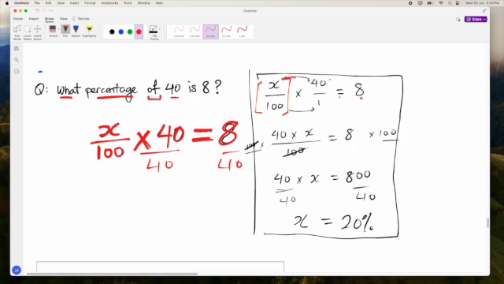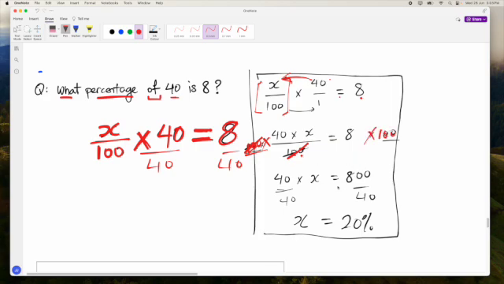So if you multiply the 40 by the x, you have 40 times x over 100 times 1, which is 100, right? So 40 times x over 100. I could multiply both sides by 100, so the 100 will cancel from here because I'll multiply both sides by 100, and then I'll have a multiply by 100 on this side.